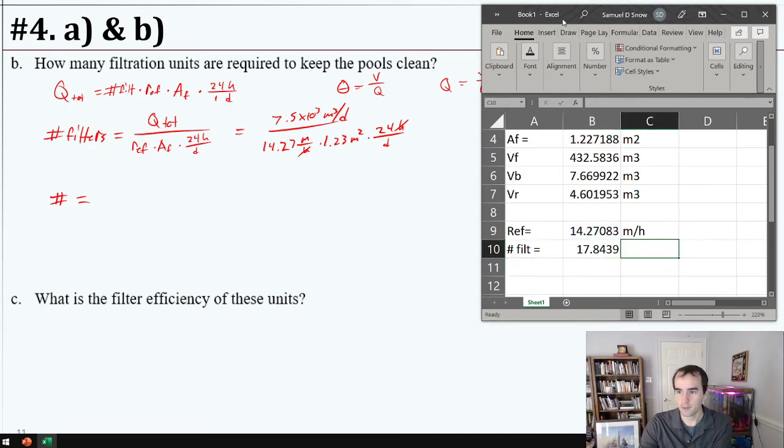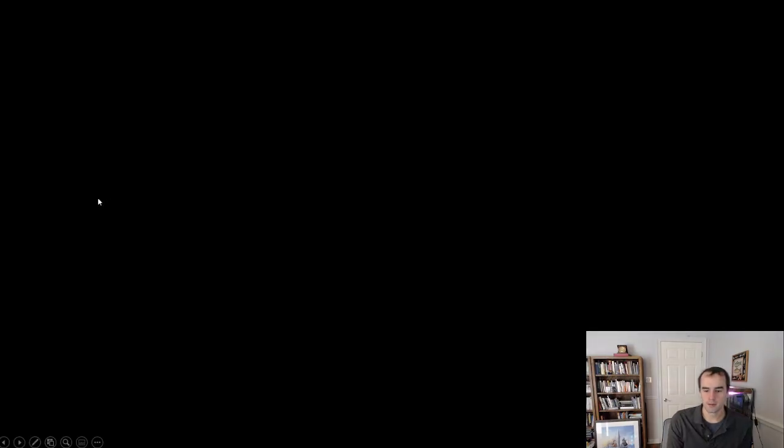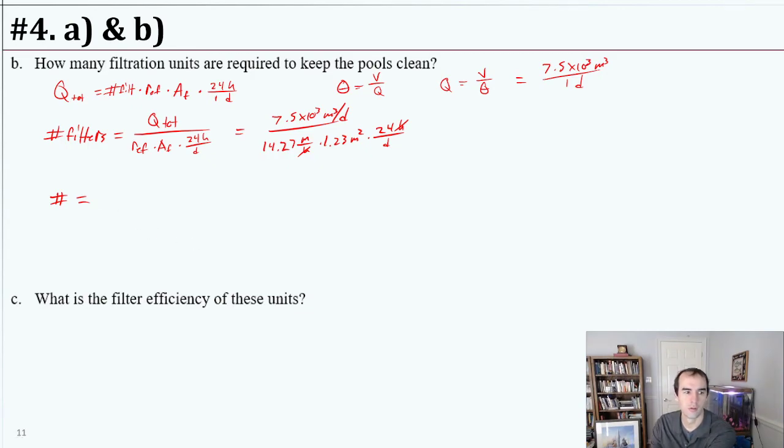And that gives us that many filters. So 17.8 is the answer, but we can't have 0.8 of a filter, so we have to round it up. Even if the number was like 17.1, we'd still have to round up, and that gives us 18 filters.